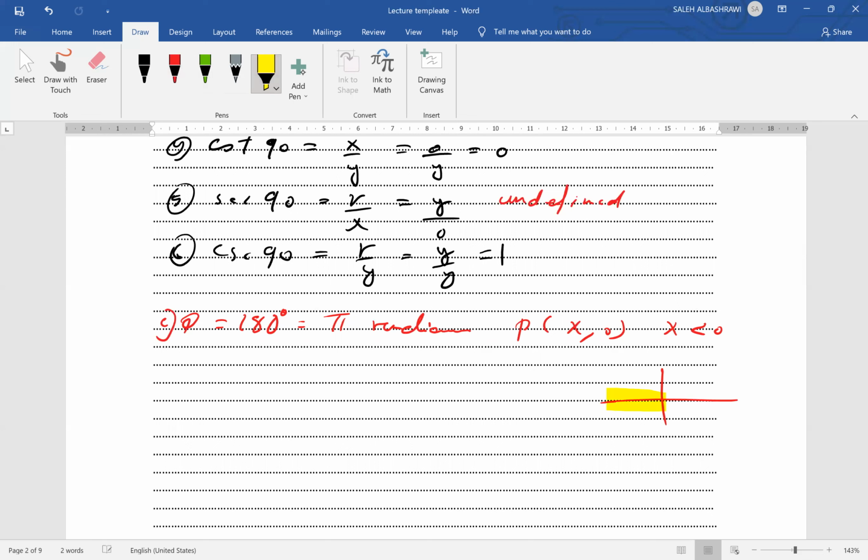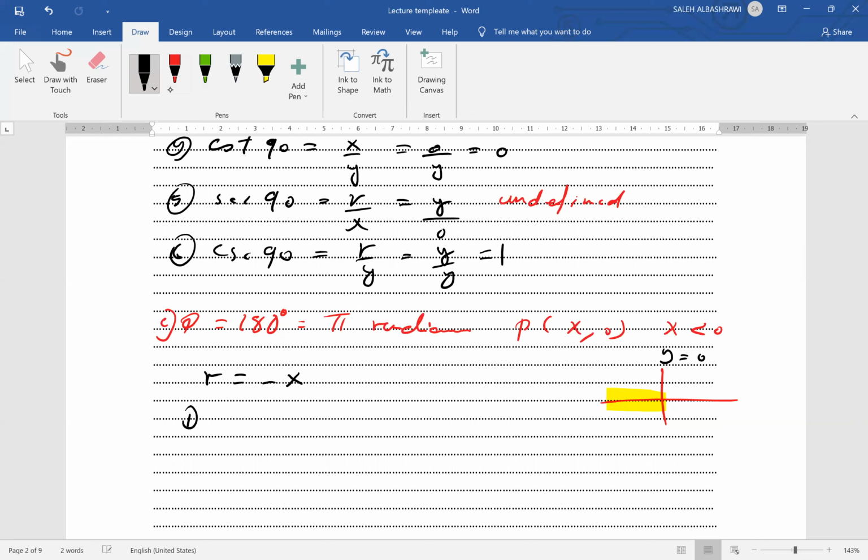Here y equal to 0. So r will be minus x, because r must be a positive number. R is minus x. So we can find the 6 trigonometric functions, and also y is equal to 0 in this case.